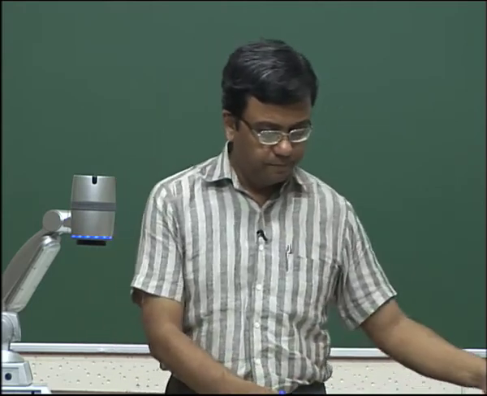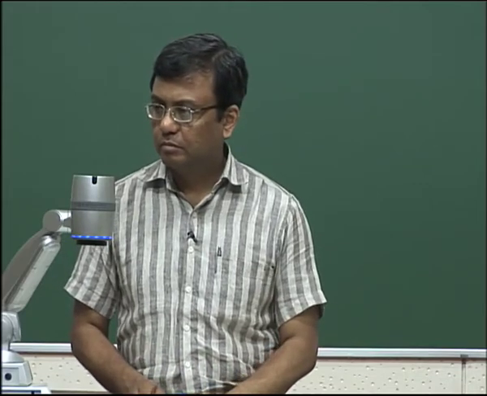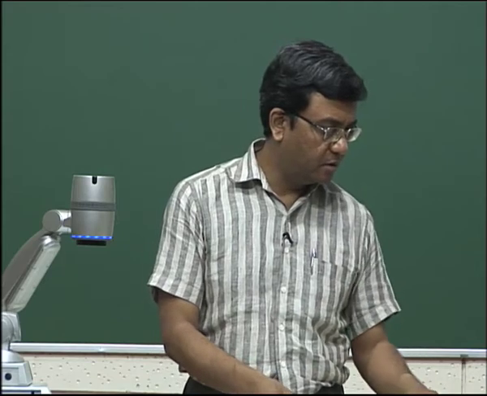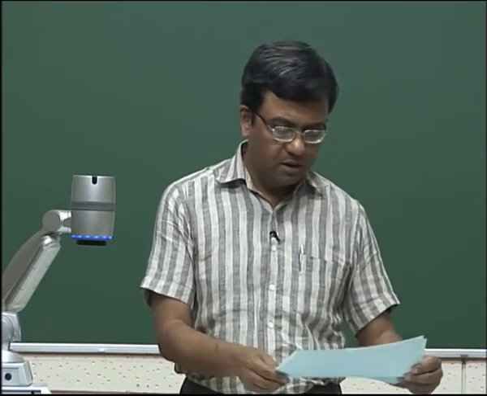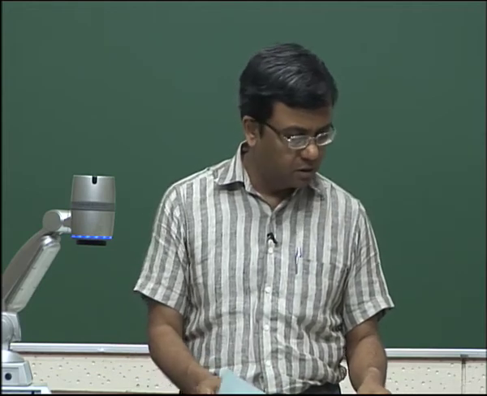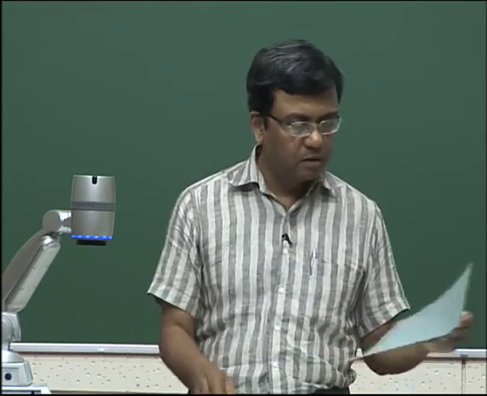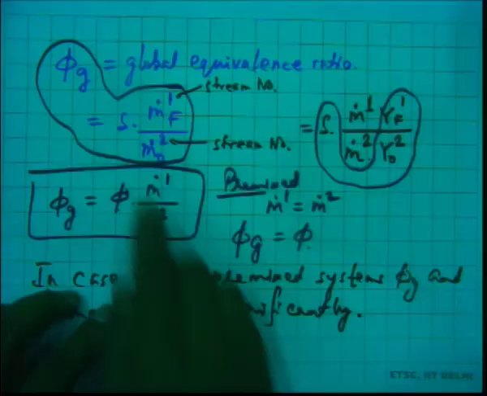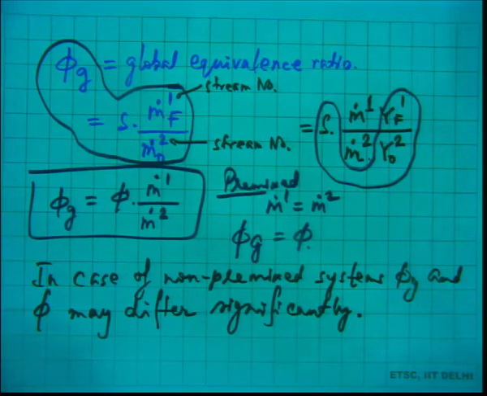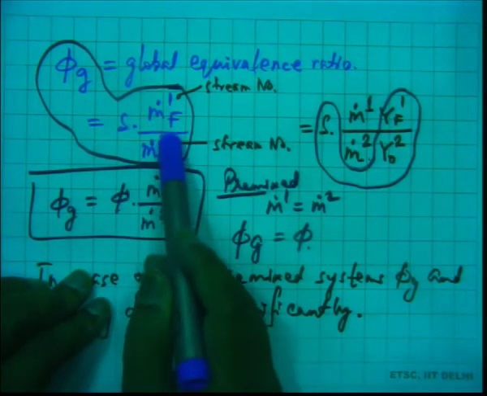Now, basically, the difference is that previously phi equals 1, that is basically phi g equals 1. That is similar to phi g, because in terms of notations, it is in terms of mass flow rates. Okay. So, let us see where the phi g expression is. So, this is phi g. Okay. So, this is also S into m dot f 1 into m dot o 2.